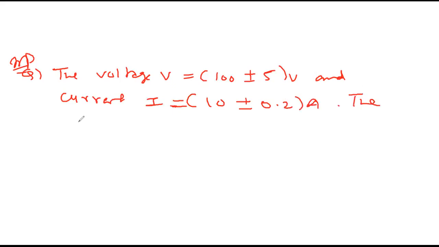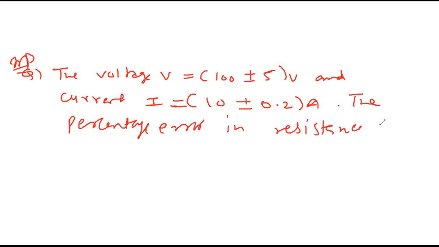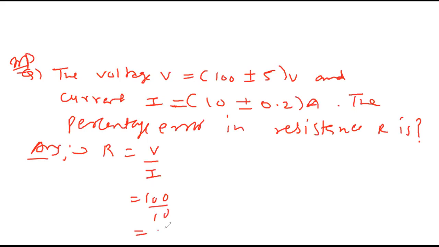The percentage error in resistance R is how much? So first R means V upon I, which is 100 upon 10 equals to 10.